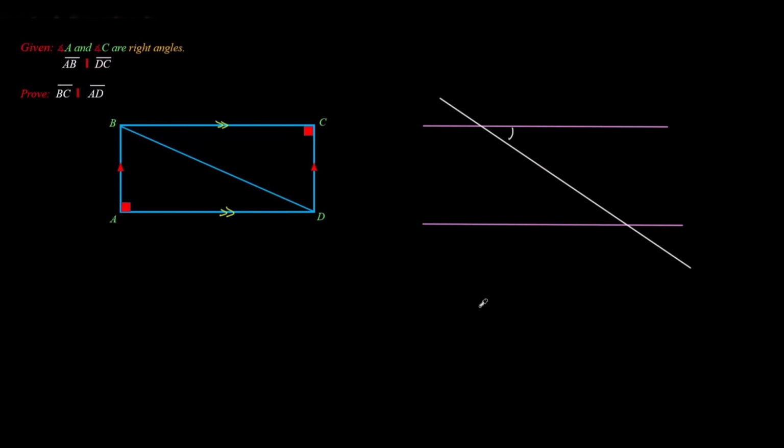Now, how do we prove those angles to be congruent? So our goal is to prove that this angle is congruent to this angle somehow. Well, if you can prove that the triangles are congruent, then you can prove that the corresponding angles are congruent by CPCTC. Corresponding parts of congruent triangles are congruent.